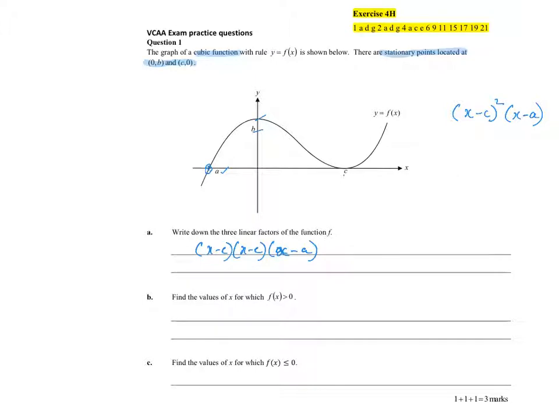Find the values of x for which f of x is greater than or equal to 0. So f of x is obviously my y value. So I want to know whereabouts is the graph greater than 0, strictly greater than 0, which means hollow dot all the way through here, the y value is positive, to there, hollow dot, the y value is positive.